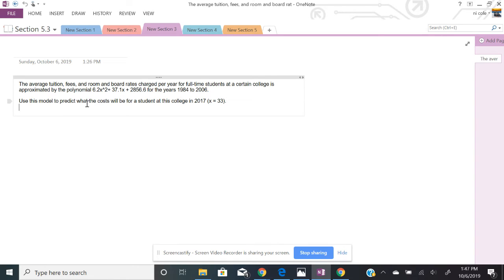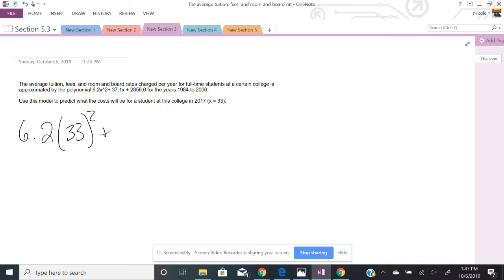Use this model to predict what the cost will be for a student at the college in 2017. So approximately x equals 33. You are literally just making x equal to 33, so you'll have 6.2 times 33 squared plus 37.1 times 33 plus 2856.6.